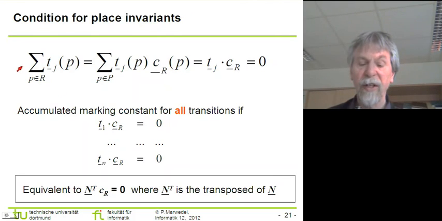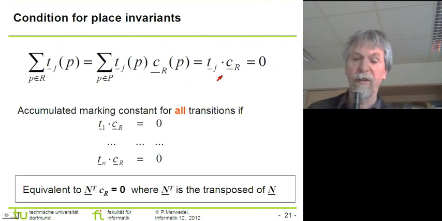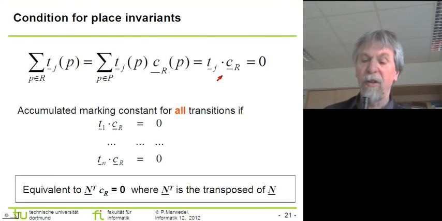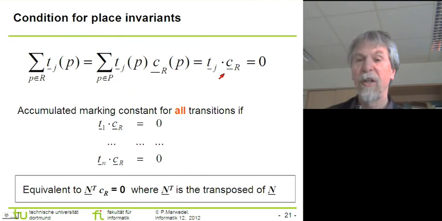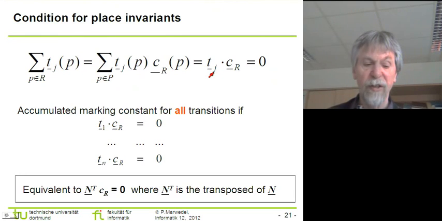On the next slide, I put down just a copy of the last equation from the previous slide. We see that in order to find such subsets R, we need to look at scalar products. However, what we considered so far just reflects a situation where the total number of tokens remains constant for a particular t underscore j.